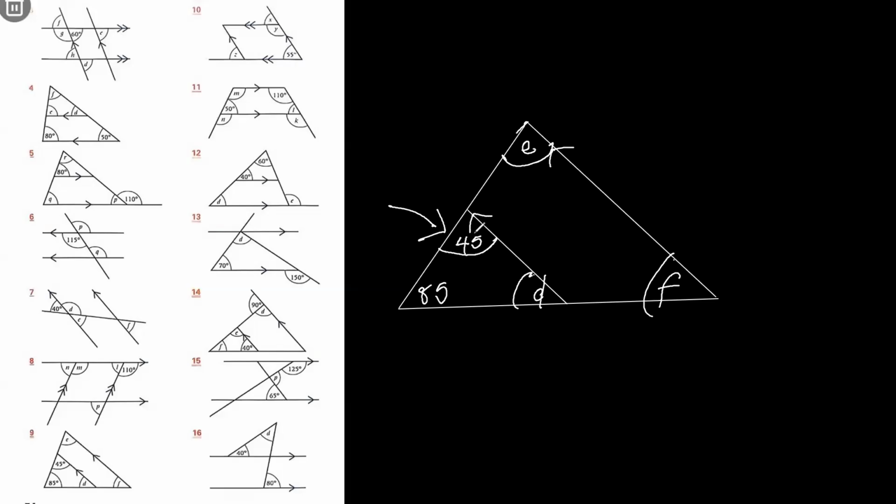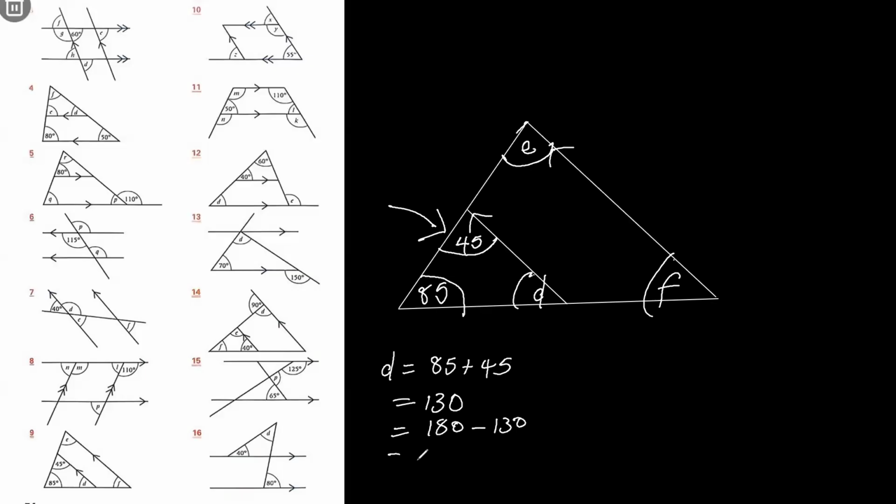So 85, 45, and D, those are angles in a triangle. So we just have to add. So D will be equal to 180 minus the sum of 85 plus 45. I add these two up, 85 and 45, I get 130.